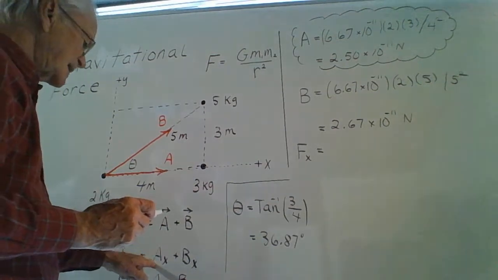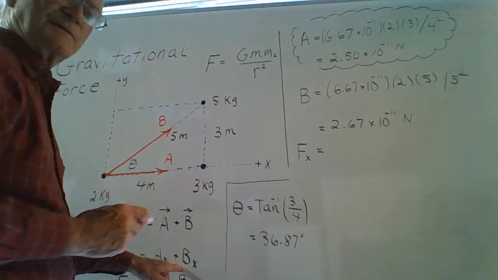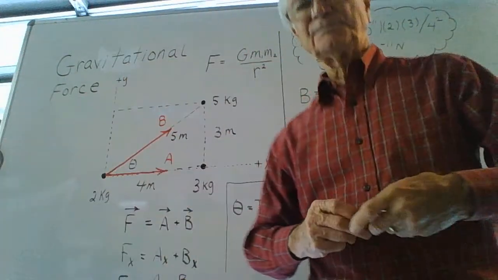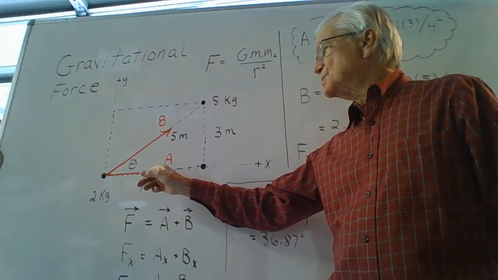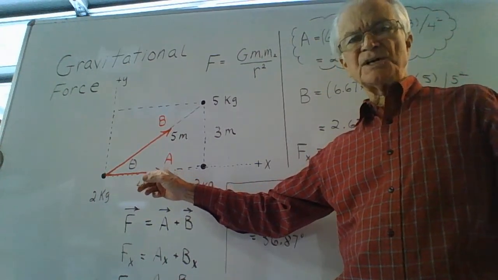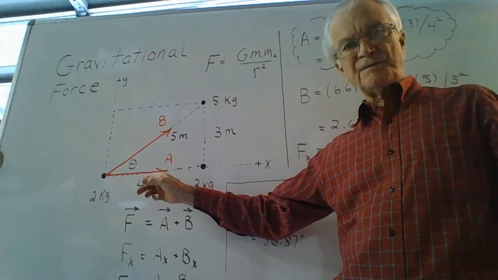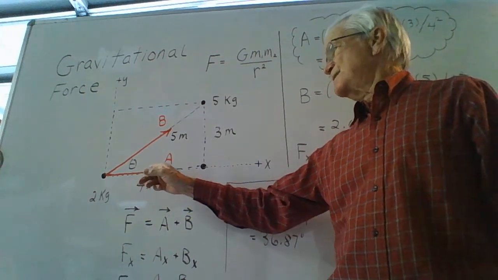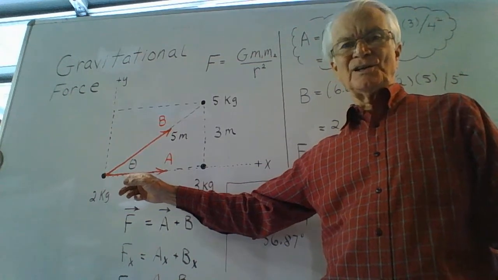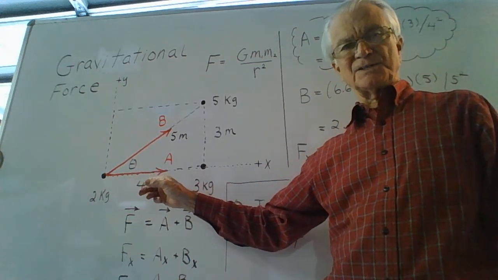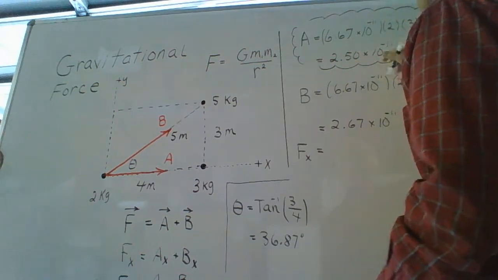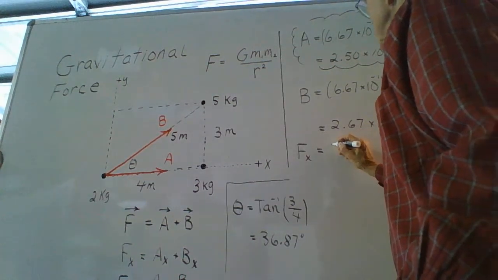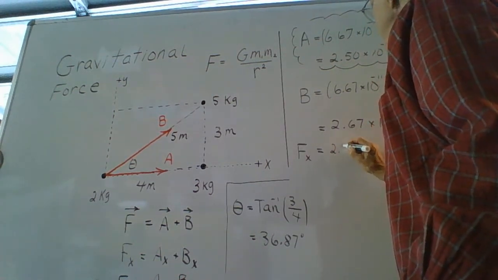It's equal to A x plus B x. Well, the x component of A is 100% of the value or length of the A vector, because the A vector lies 100% along the positive x-axis. So A sub x is just whatever A is, which is 2.50.